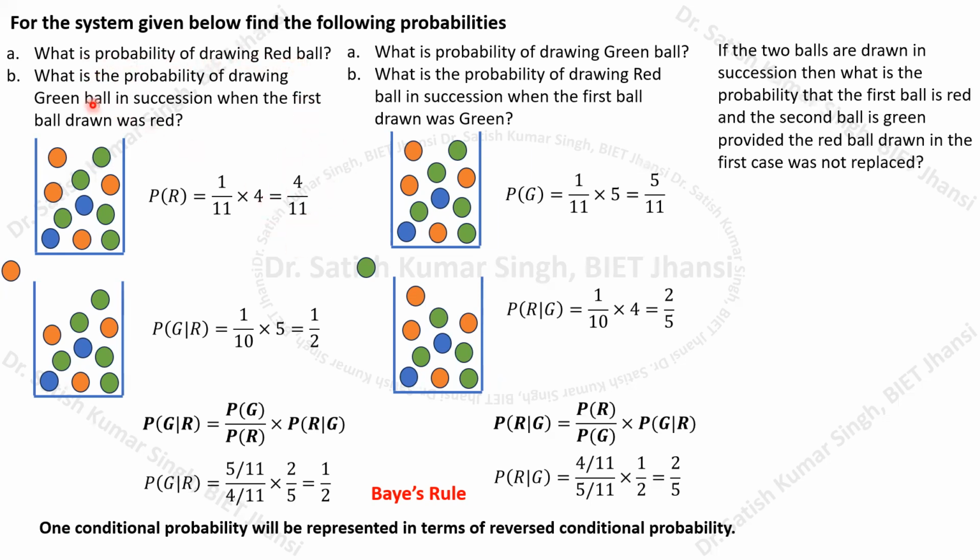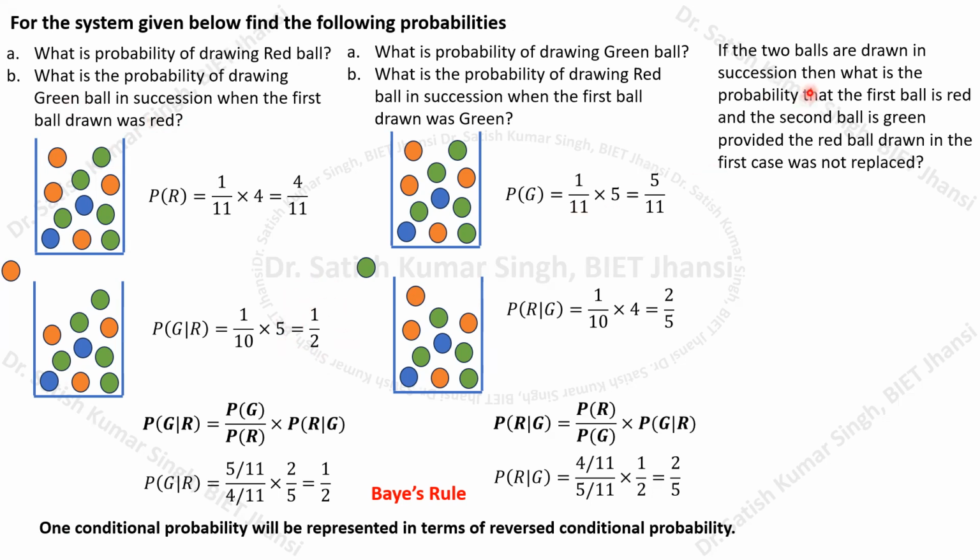Then the second problem asks what is the probability of drawing the green ball in succession when the first ball drawn was red. We are just interested in knowing the probability of getting a green ball for a given red ball. That is the conditional probability we got as 1 by 2.